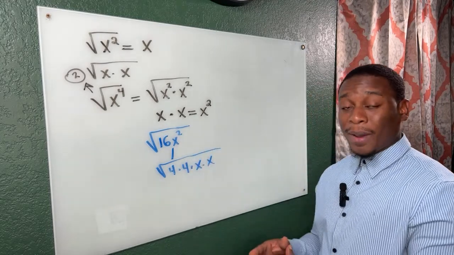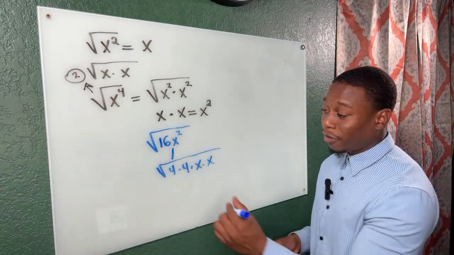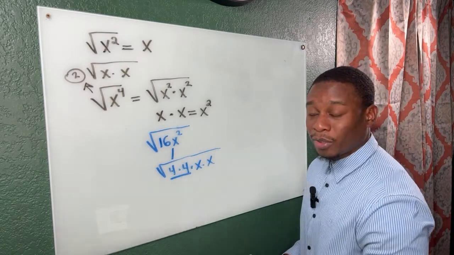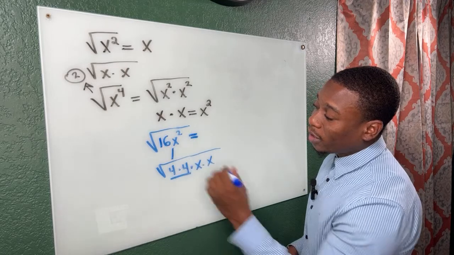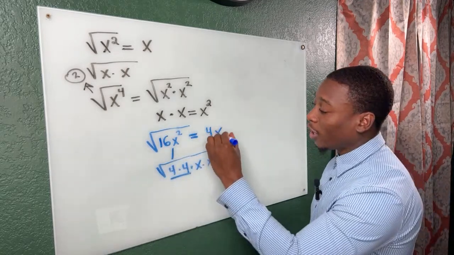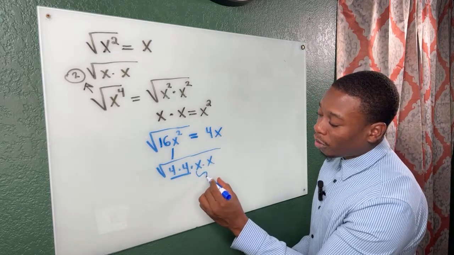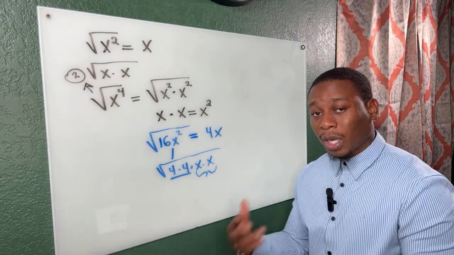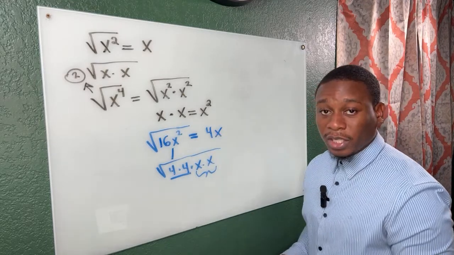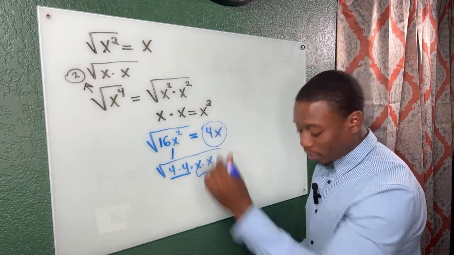Anytime you multiply by the same number or same variable, that's the square root. So the square root of 16 is 4, and the square root of x squared is just x. This breakdown is just so you can visualize it under the radical. So if we're simplifying the square root of 16x squared, this would be our answer.